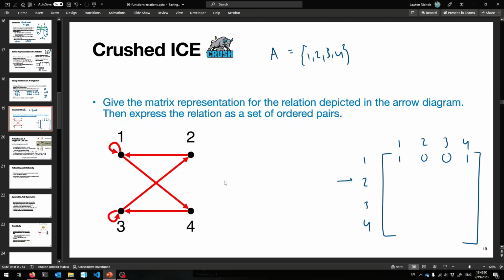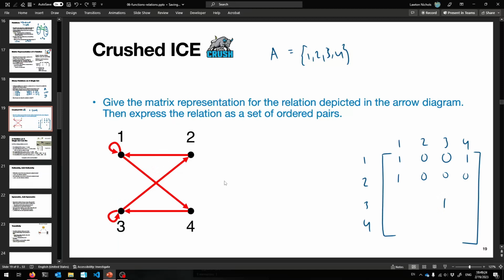And then 2. Is 2 related to anybody? Is 2 the source of any arrow? Yeah, it's the source of this arrow, where 1 is the target. So 2 is related to 1. So we're going to put a 1 in that location. Then 2 is not related to anything else. It doesn't have an arrow coming out of it going to anywhere else. Just 1. All right? 3. 3 is related to itself. That's cool. So 3, 3, 1. 3, 2 are related as well.